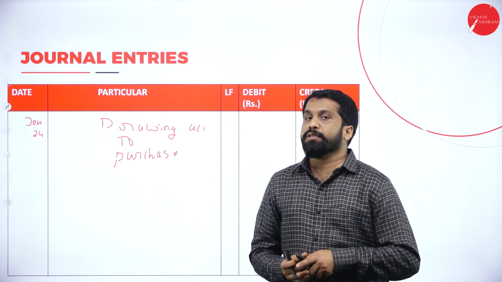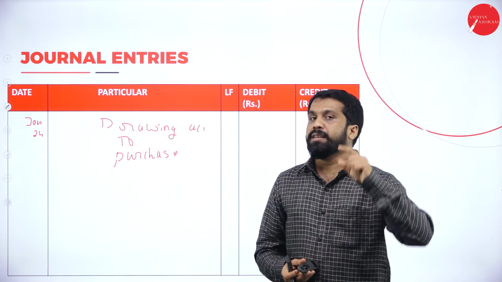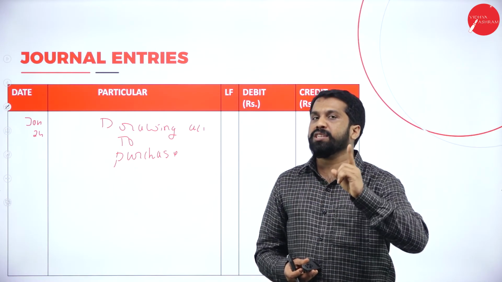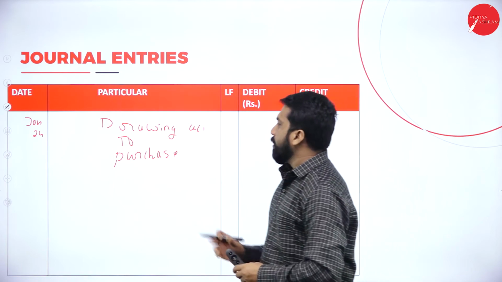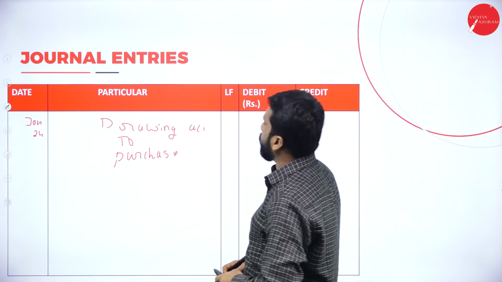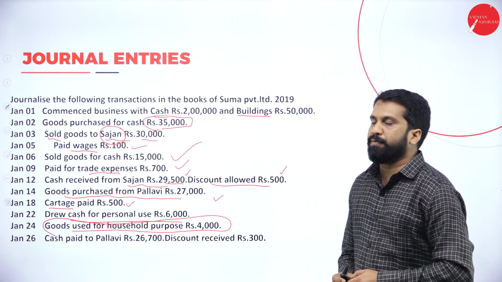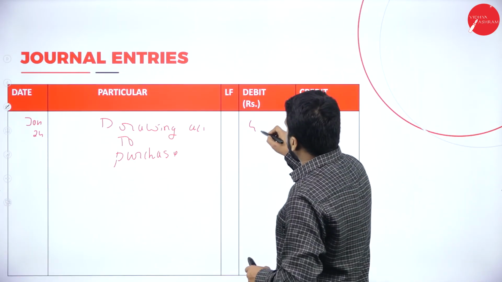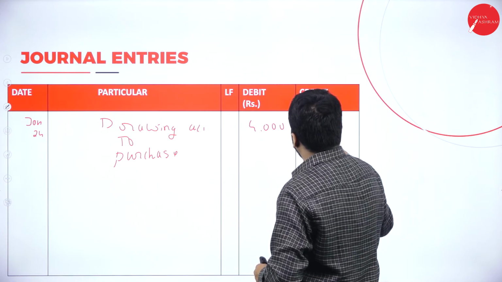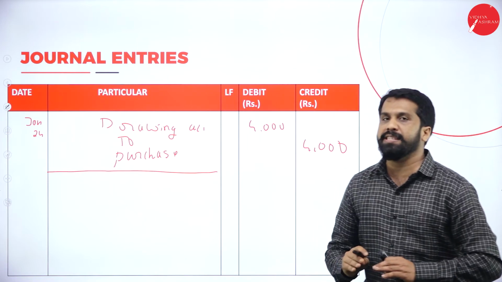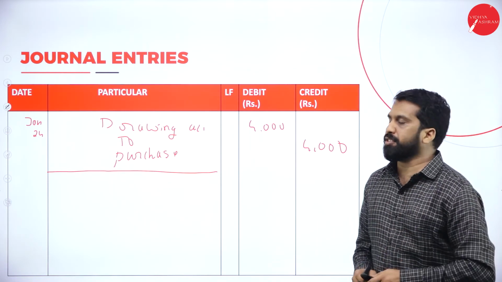But if goods are taken for personal use, then purchases comes down. This is the only case purchase comes down. Now, drawings account debit to purchase account. The amount is 4,000. So this will be 4,000 and this will be 4,000. January 24th is done. We'll go for the last journal entry.